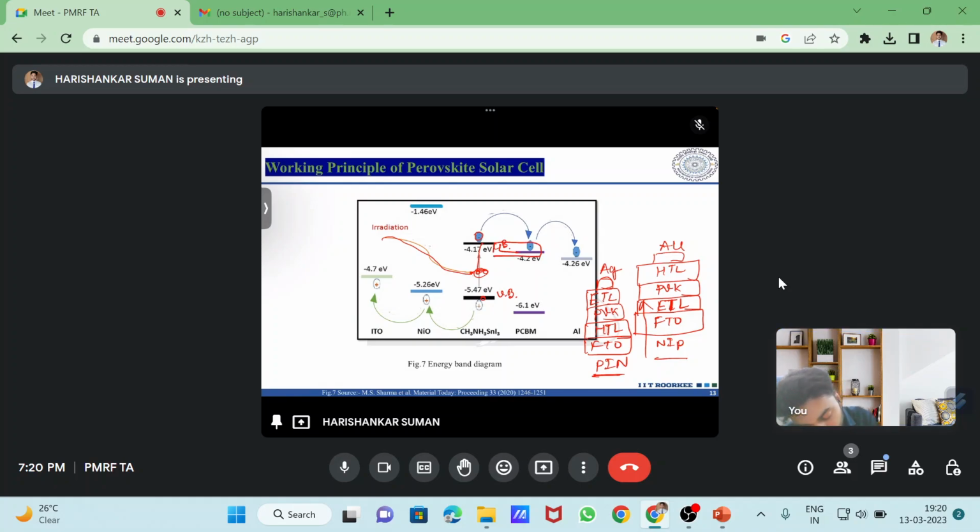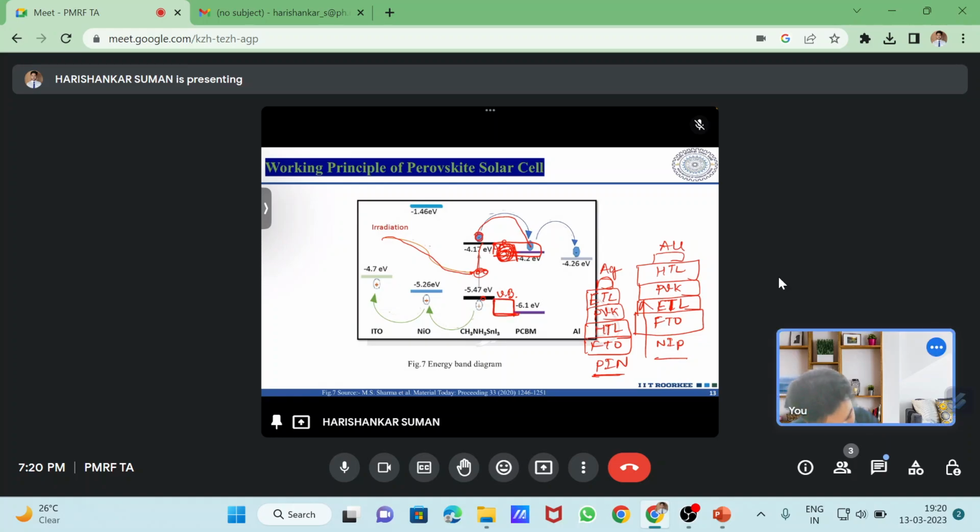So the electron easily goes here, and the hole is blocked here. If a hole is in the conduction band, the hole energy is higher here.